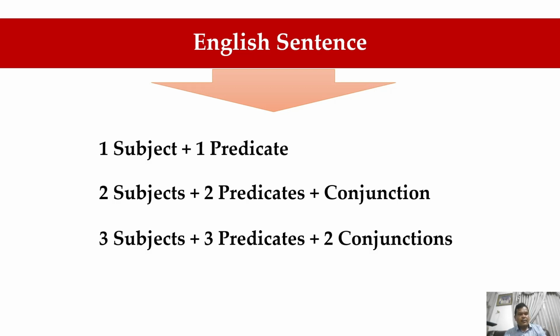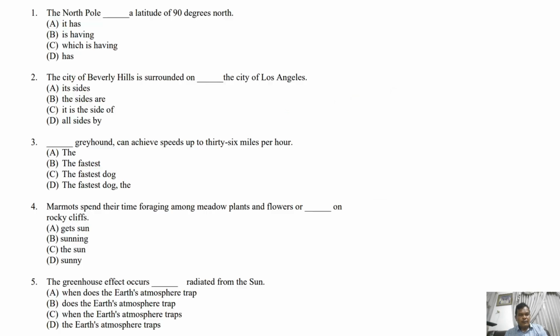What is it? You need a conjunction. So two subjects and two predicates need one conjunction. When you have three subjects and three predicates, you need two conjunctions.